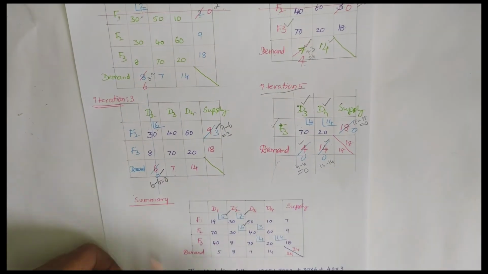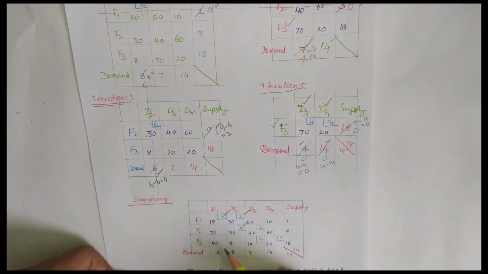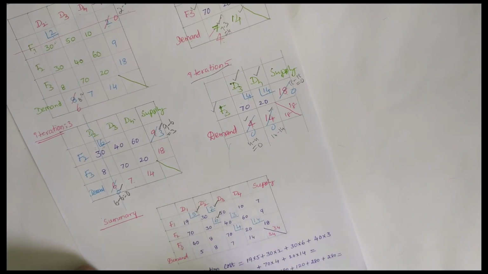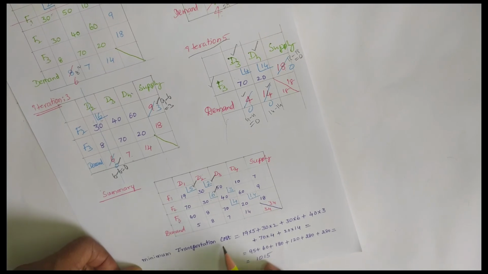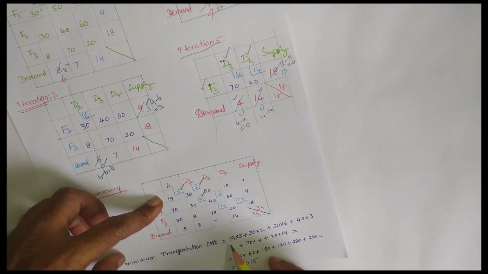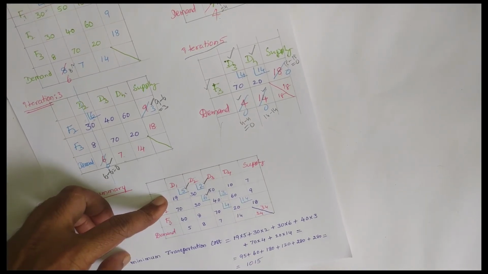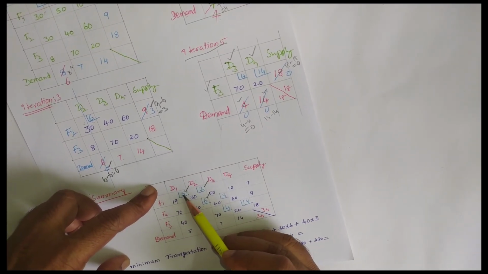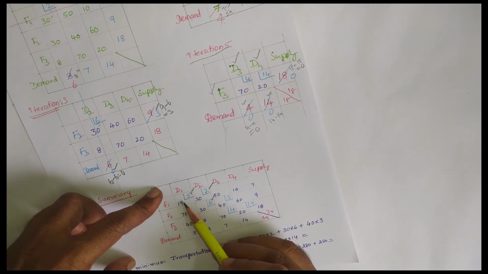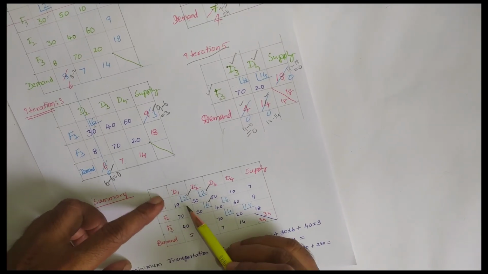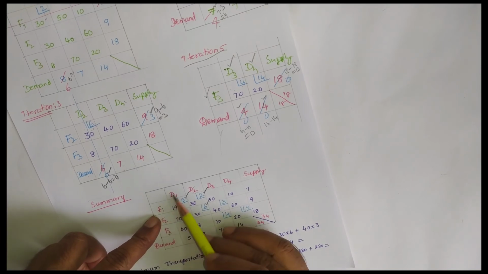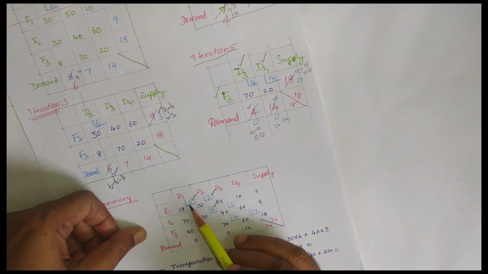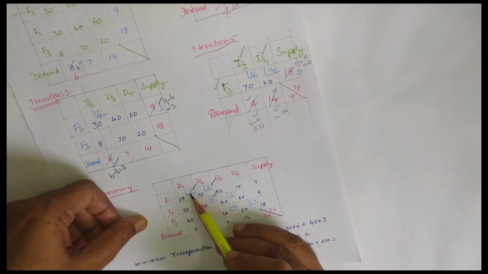After allocating all the units, finally we have to calculate the minimum transportation cost. Transportation cost equals the number of allocated units multiplied by the unit cost in that cell. For the F1 D1 cell, 19 rupees is the unit cost and allocated units are 5.